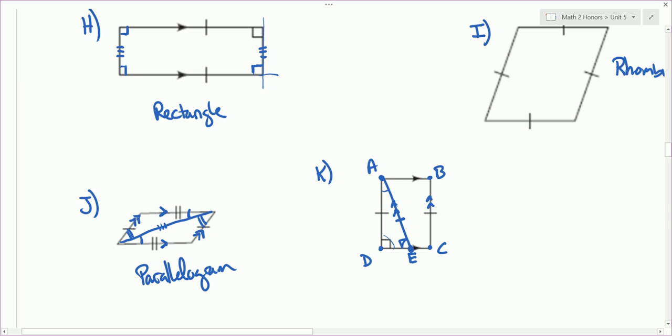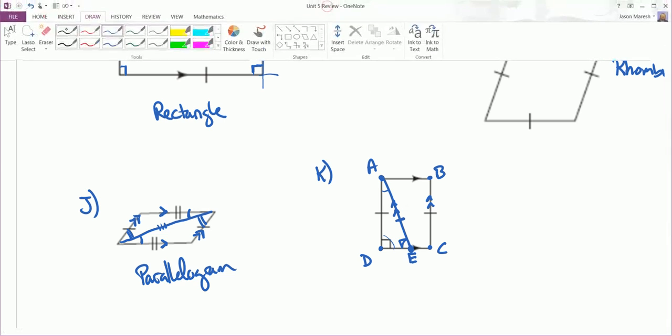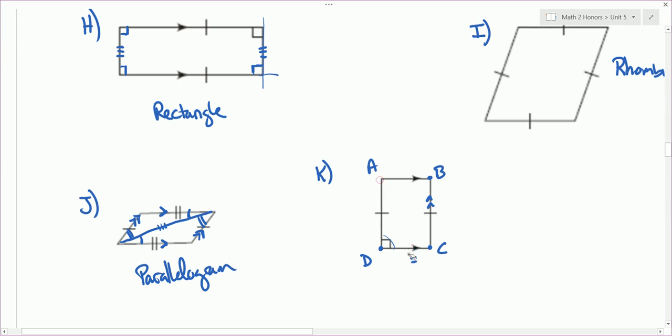And so what I'm trying to show you is what we call proof by contradiction. We started by assuming AD was not parallel to BC, and that ran into a contradiction. That means AD is parallel to BC.